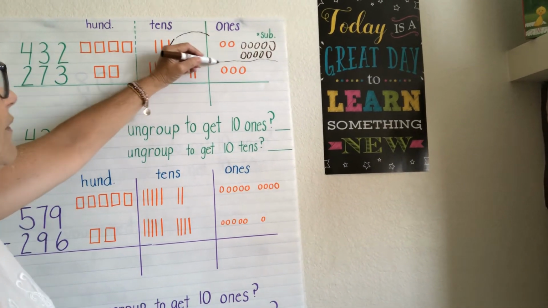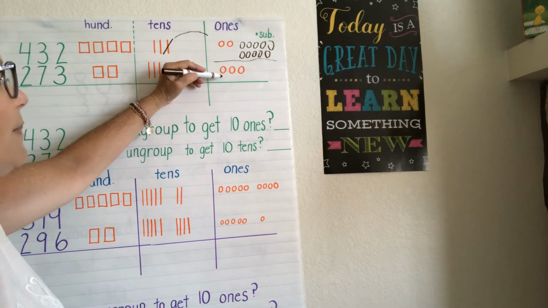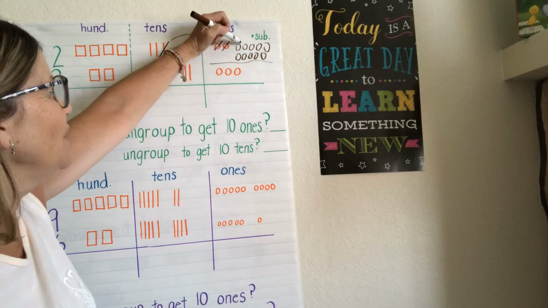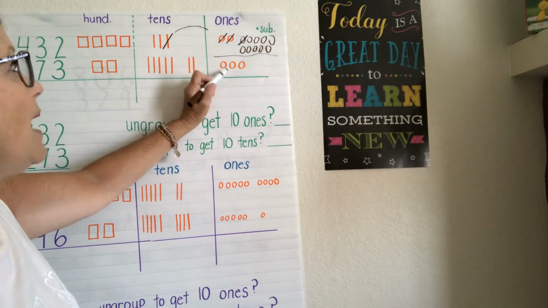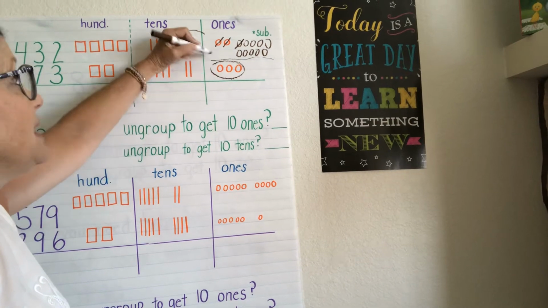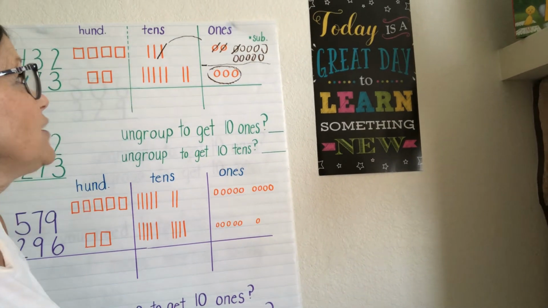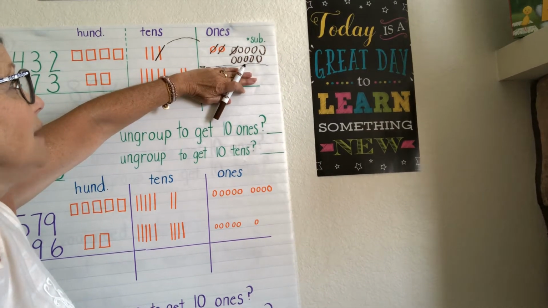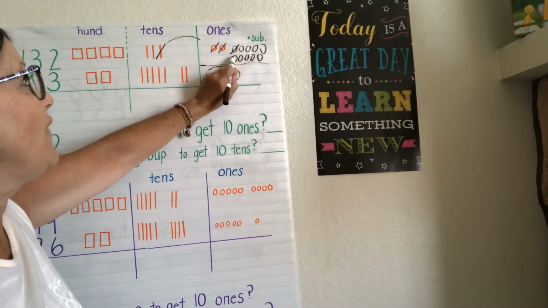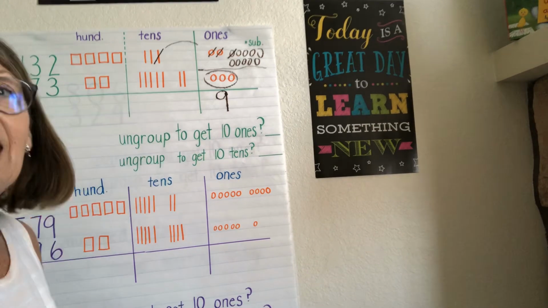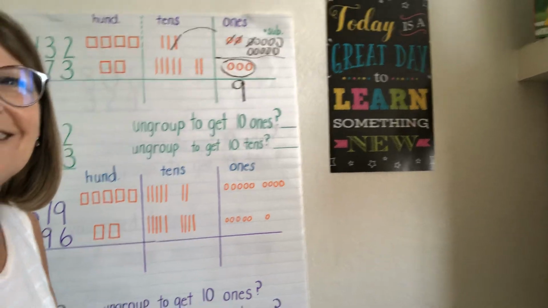Now all of these are on the top and these are on the bottom. Now I can take away 3. 1, 2, 3. Now remember, I'm not counting these. I'm taking these away from the top because this is subtraction. And when I take them away from the top, I've got 1, 2, 3, 4, 5, 6, 7, 8, 9 left. Okay, I am done with my ones.